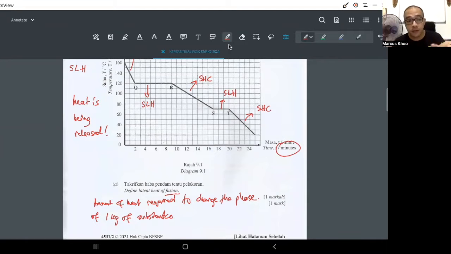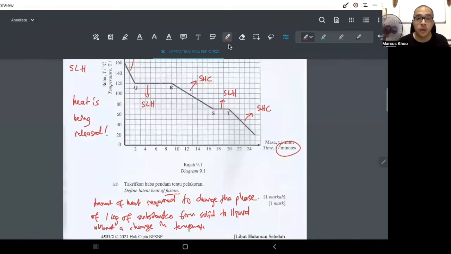So, change the phase of 1 kg of substance from solid to liquid without a change in temperature. This is one of those very long definitions. Amount of heat required to change the phase of 1 kg. The important word is actually the 1 kg.